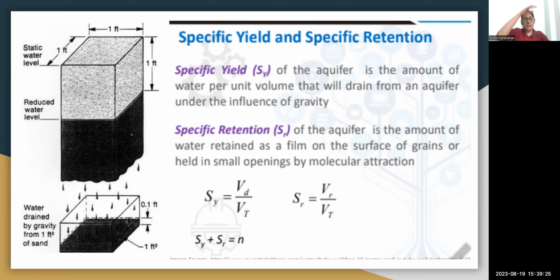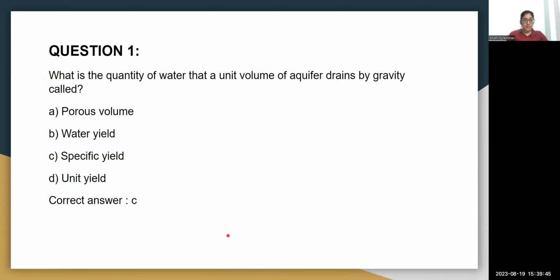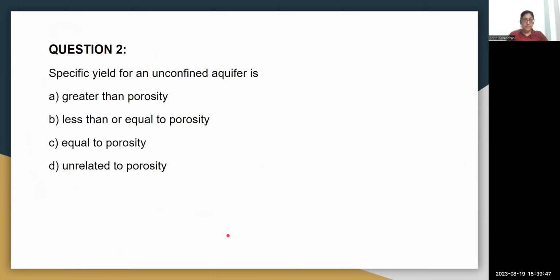And specific retention is whatever amount of water is left back after this gravitational water is lost. The sum of specific yield and specific retention is equal to the porosity, as given in this expression. So the correct answer is C.